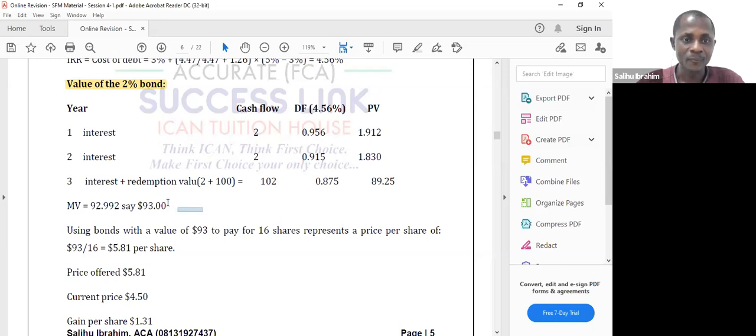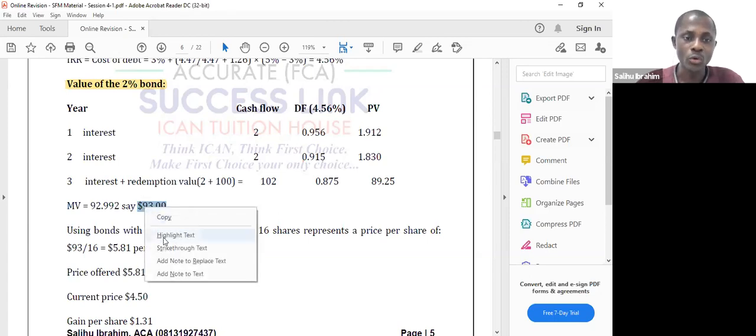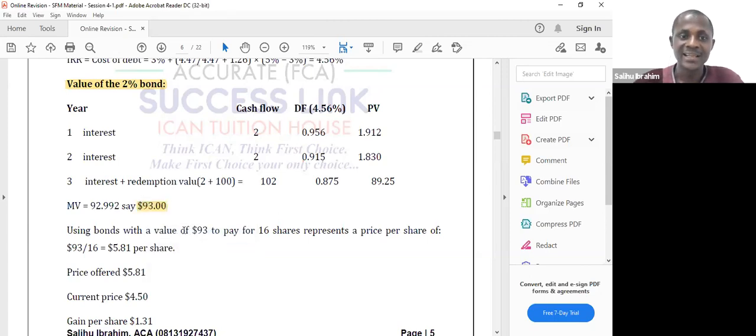It therefore means that the market price of the bond we want to issue to Dentroco shareholders is valued at $93 per unit. Now look at it. A bond that is worth 93.0.